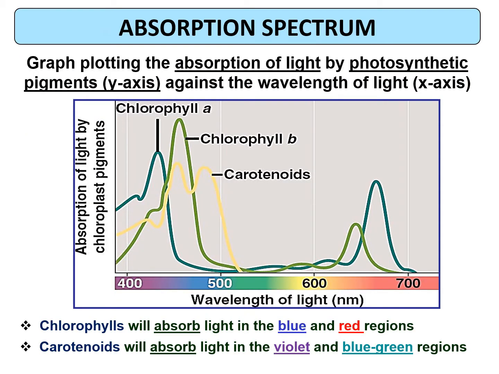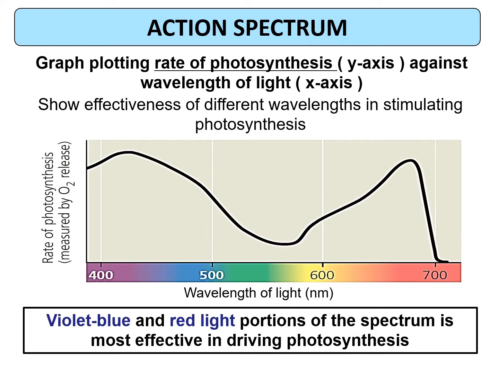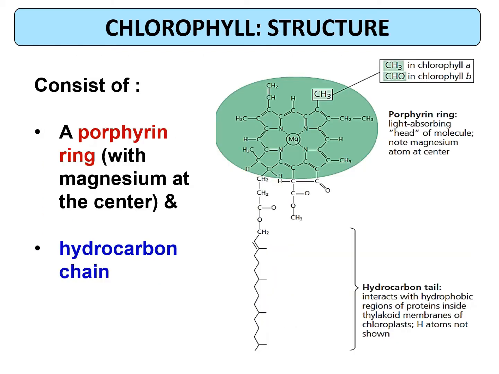Chlorophyll absorbs blue and red light, while carotenoids absorb violet and blue-green light. The violet, blue, and red portions of the spectrum are the most effective wavelengths that power photosynthesis.